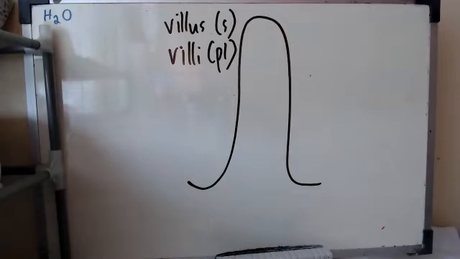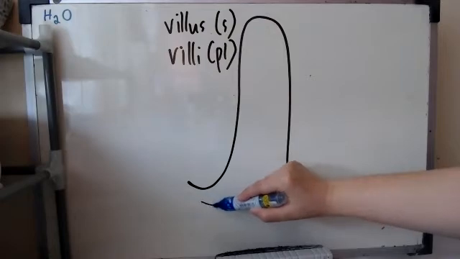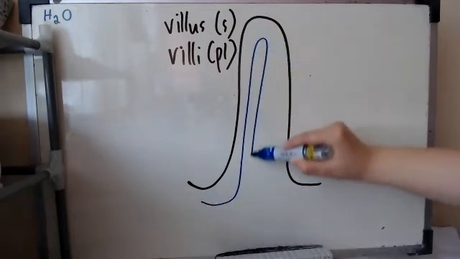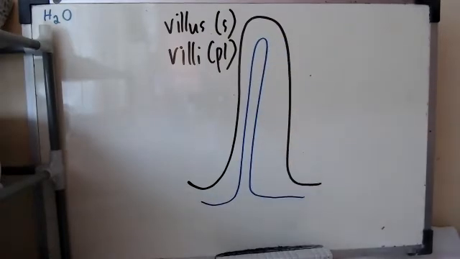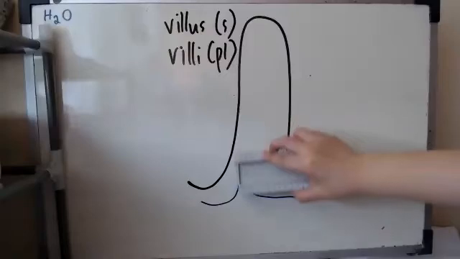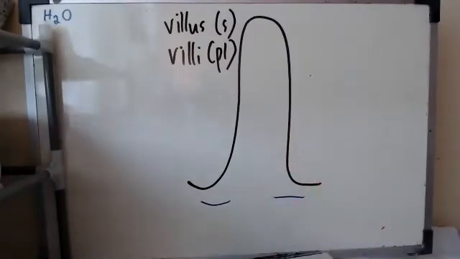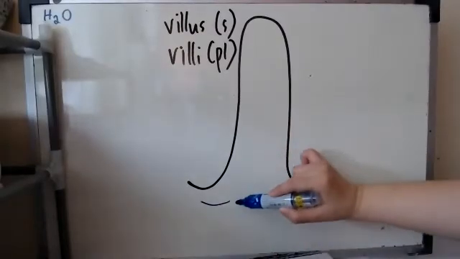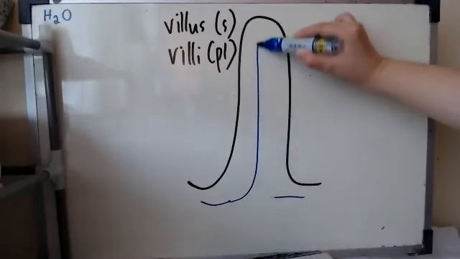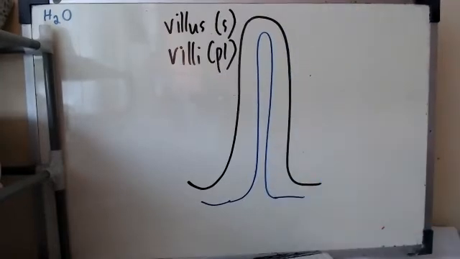Inside the villus, you have a structure that looks like this. We call it the lacteal. Blood vessels are coming in.